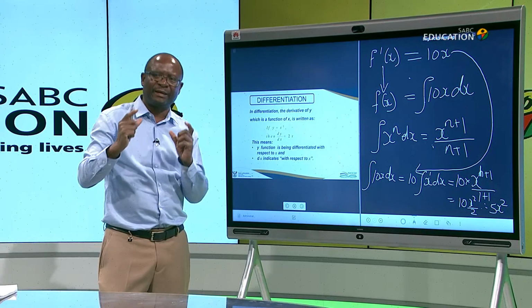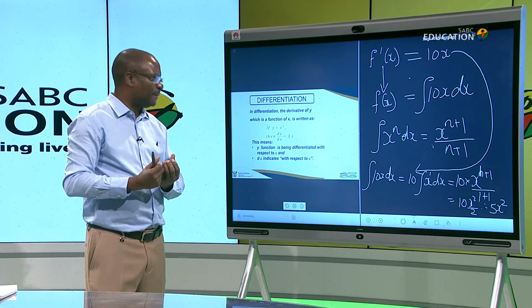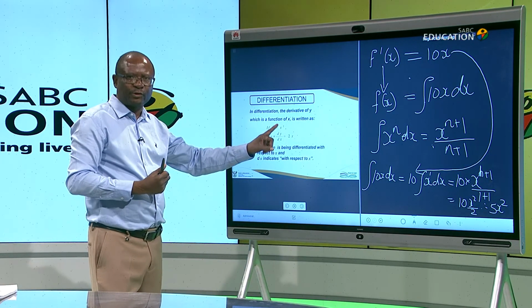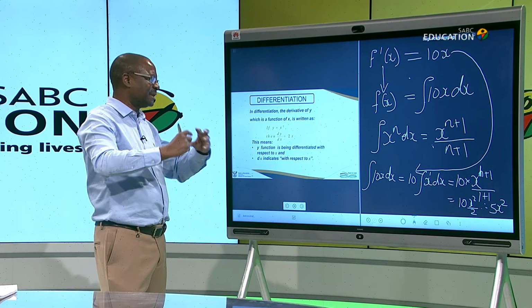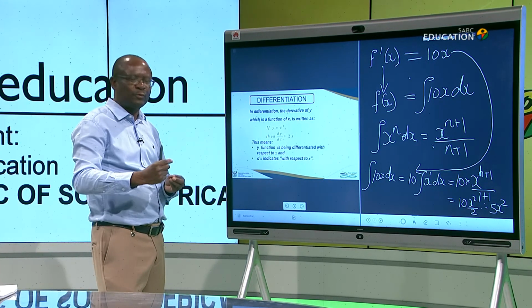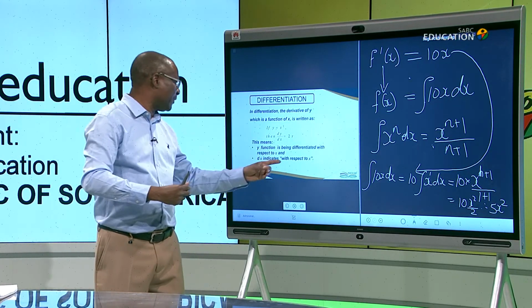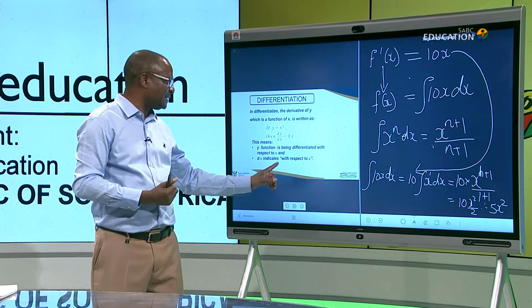But what is very key for you is to understand the meaning. If it is written as y is equal to x squared, then its derivative is dy by dx equals 2x. We are saying the function y is being differentiated with respect to x, where dx indicates with respect to x.